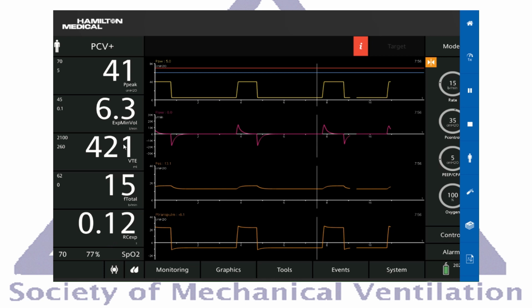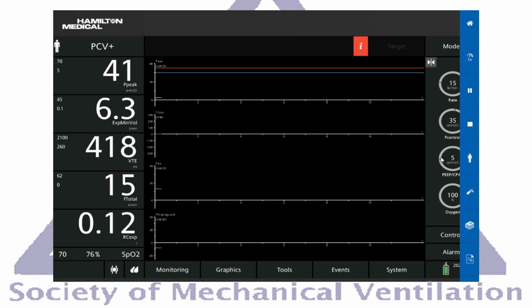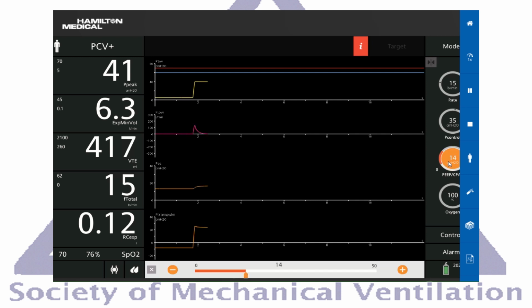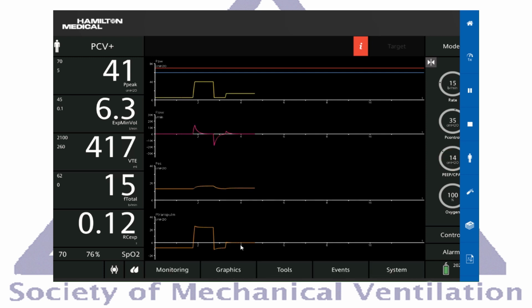So again, this is our patient. He's getting a tidal volume of 420, his saturation is 77. So based on this, I will increase the PEEP. Let's go to 14 to keep that end expiratory transpulmonary pressure above 0.